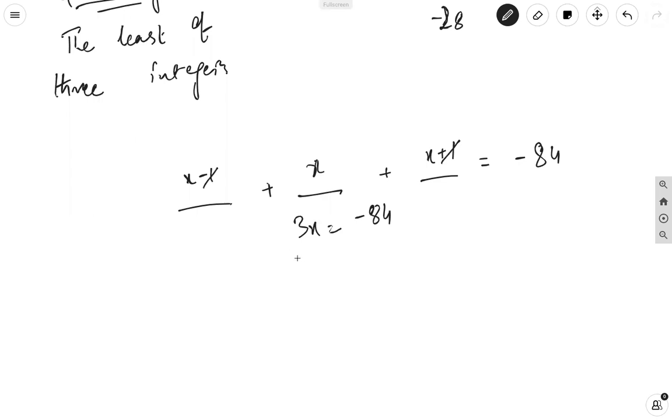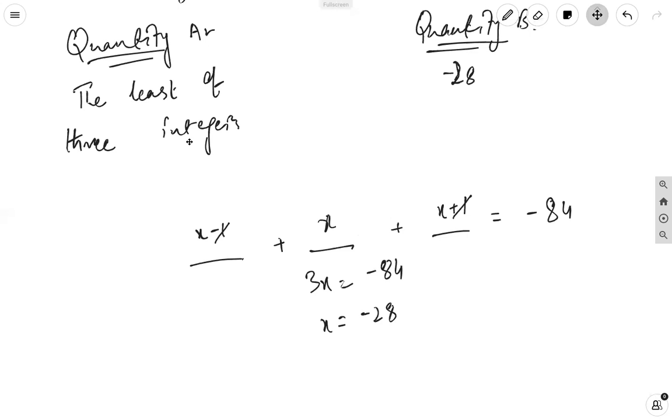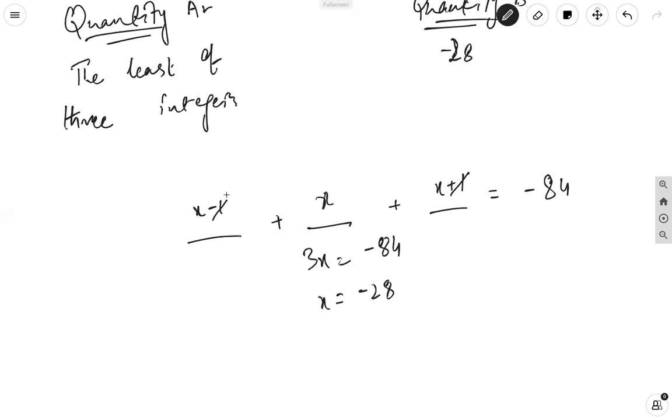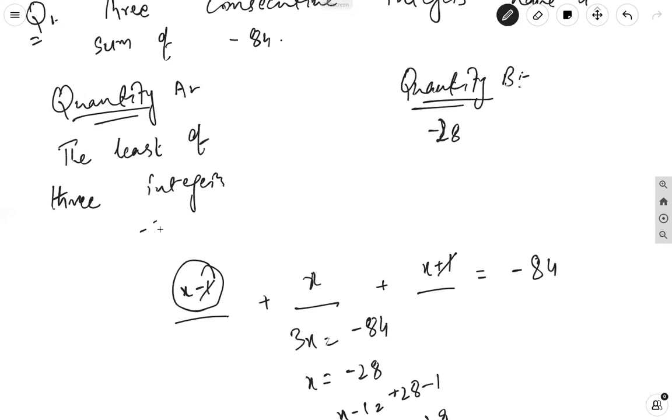What will be x? X equals minus 28. The question was asking for the least of the 3 integers, and the least one is x minus 1. So x minus 1 is equal to minus 28 minus 1, that is minus 29. So quantity A is minus 29 and quantity B is minus 28.